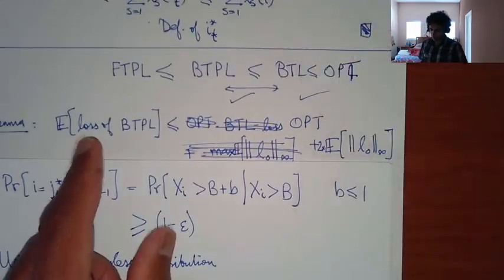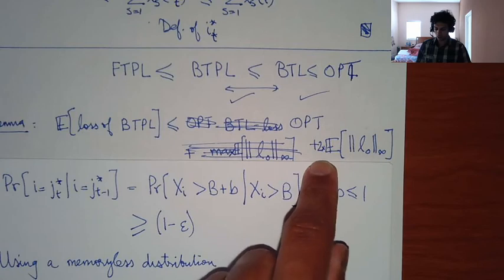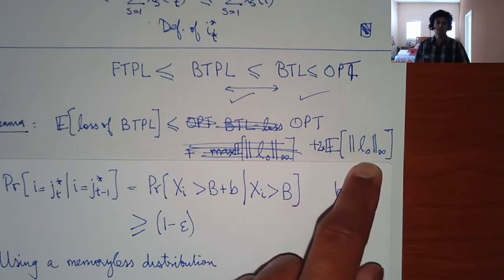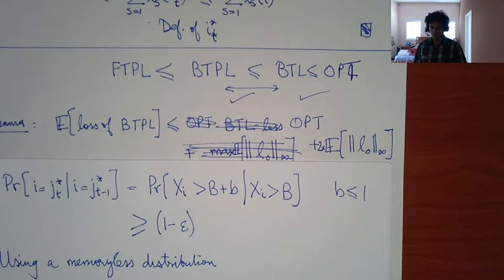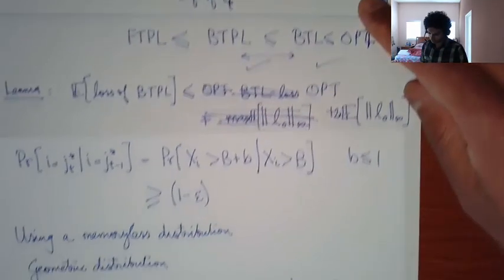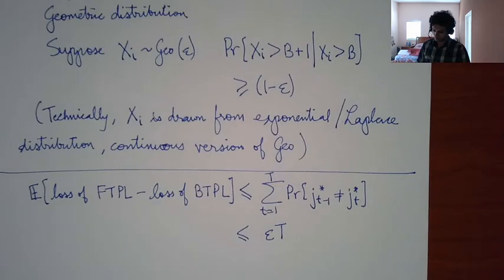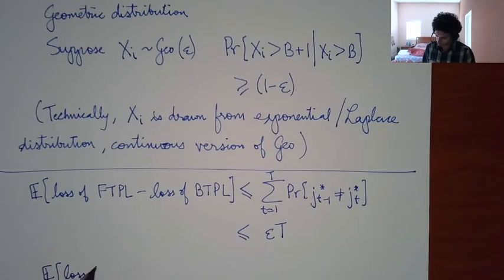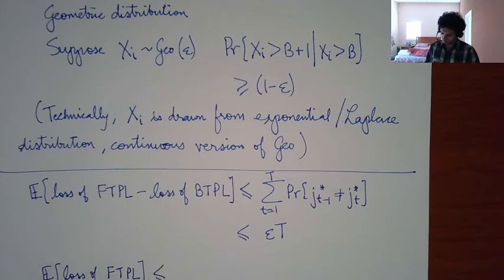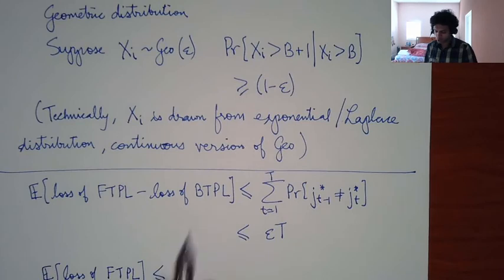So remember, we have the loss of BTPL is opt plus 2 times the expected infinity norm of L0. Okay, so this is now where we're going to have some trade-off. So what we have is that the expected loss of follow the perturbed leader is at most the loss of be the perturbed leader.